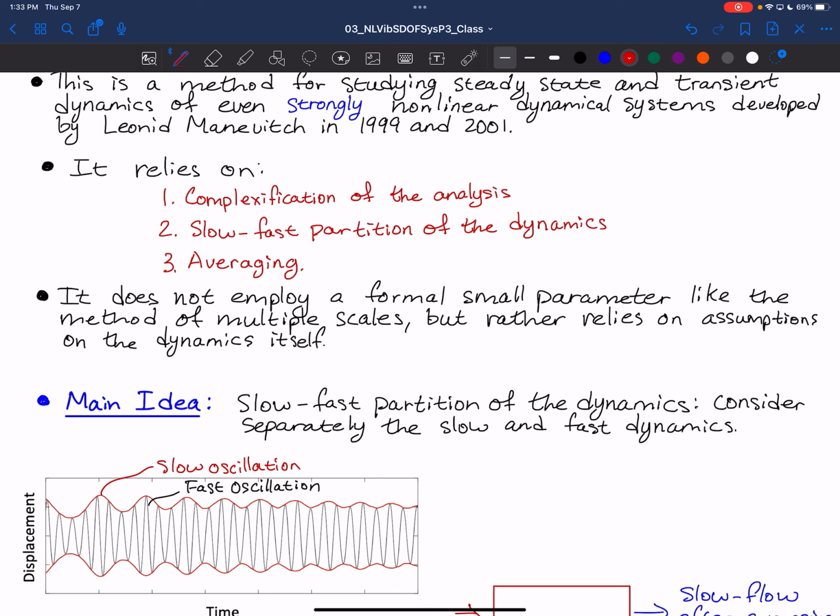So like I said, it does not employ a formal small parameter like the method of multiple scales or Lindstedt-Poincaré. Instead it relies on an assumption about the dynamics itself. And that assumption is specifically that there is a single fast frequency in the response, which we'll get to in a moment.